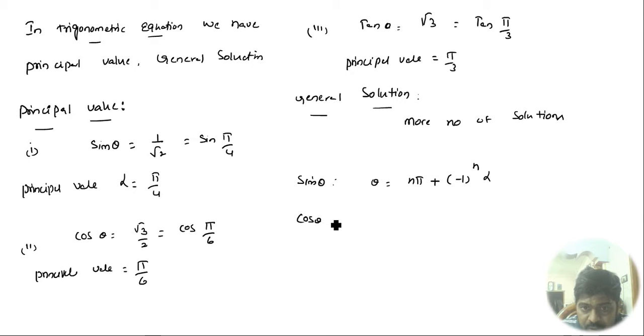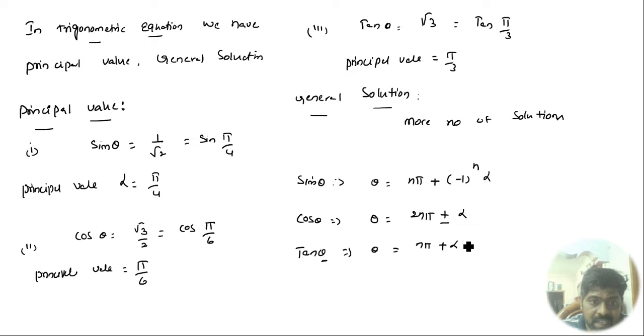Cos theta equal to, that is theta equal to 2n pi plus or minus alpha. Next, tan theta equal to, that is theta equal to n pi plus alpha. What is alpha? Alpha is nothing but the principal value.